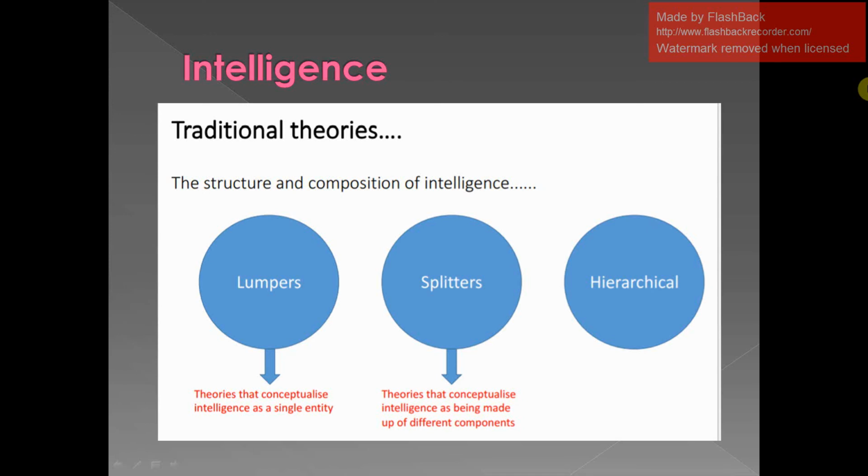The traditional theories about intelligence look at the structure and composition of intelligence. So there are lumpers theories, splitters theories, and hierarchical theories. Lumpers theories conceptualize intelligence as a single entity, whereas splitters theories conceptualize intelligence as being made up of different components.